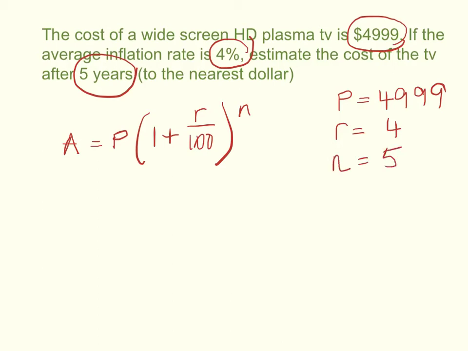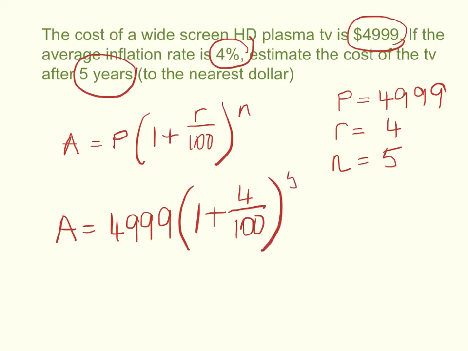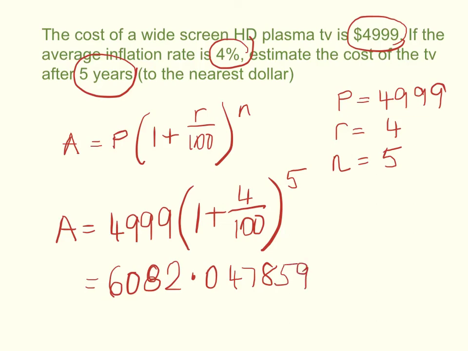So substituting all those in, A equals 4999 times 1 plus 4 over 100 to the power of 5, which equals out at, and you could do the other steps in here, but I'm just going to go straight to the endpoint, 6082.047859.